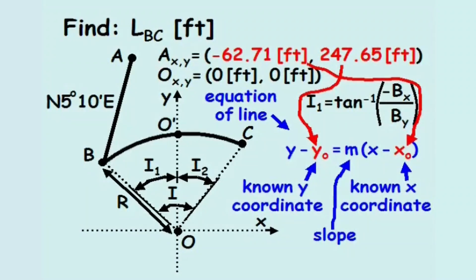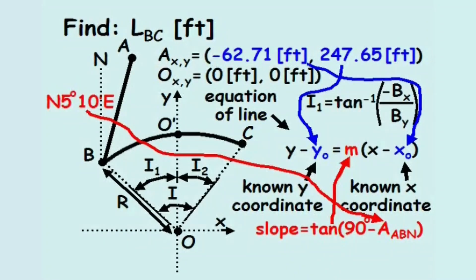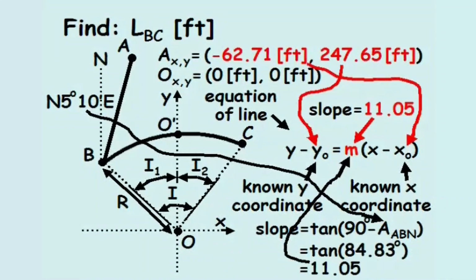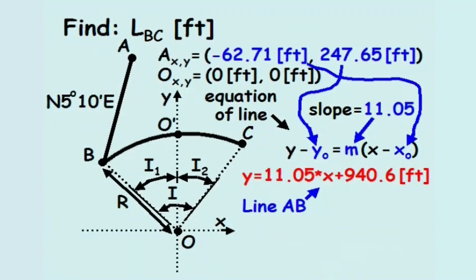Also, we know the slope of line AB is the tangent of the quantity 90 degrees minus the northeast bearing of line segment AB. So 90 minus 5 1/6 equals 84.83, and the tangent of 84.83 degrees equals 11.05. Now we have our equation for line AB, which simplifies to y equals 11.05 times x plus 940.6 feet.